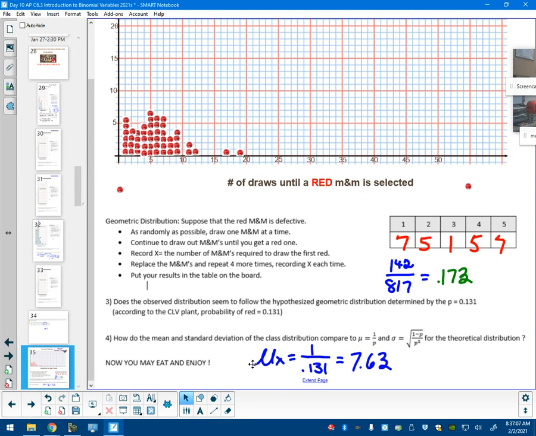I can put that into my calculator and find out. So we have 1, 2, 3, 4, 5, 6, 7, 8, 9, and Brian makes 10, and we did it 5 times, right? So this should be 500 total. Am I doing that right? We each did it 5 times, and there's 10 of us. There should be 50 dots up there like there was last time.